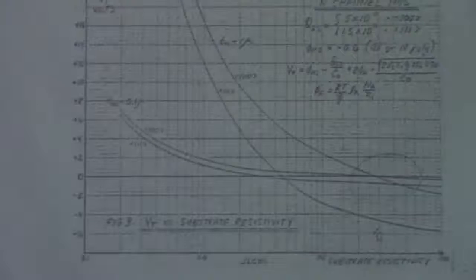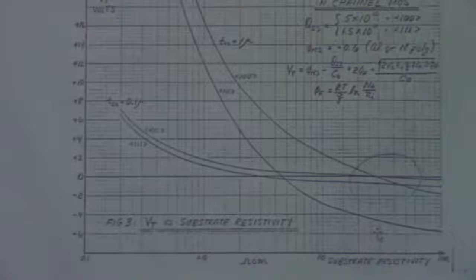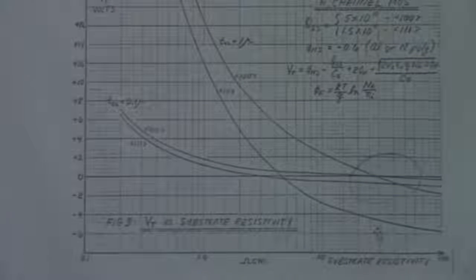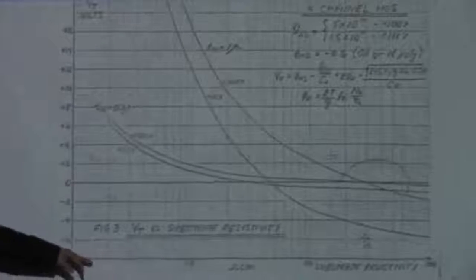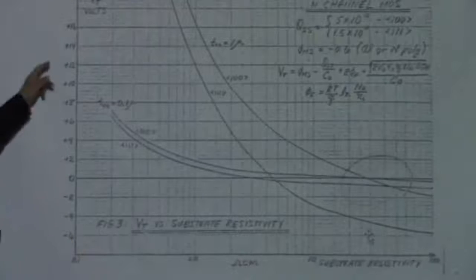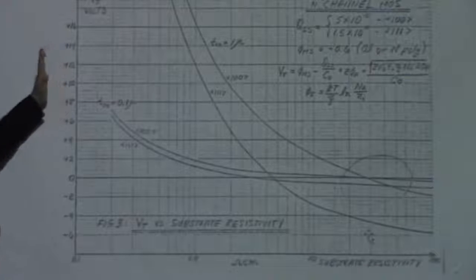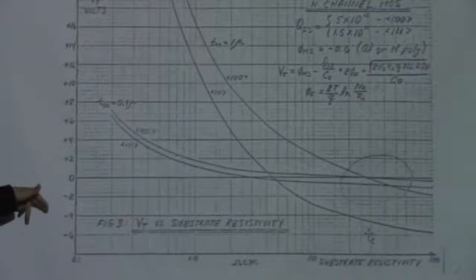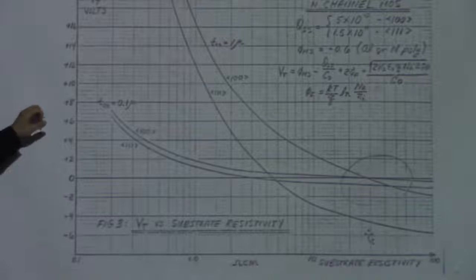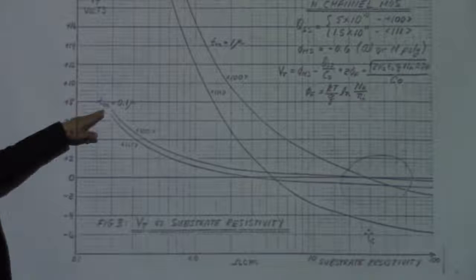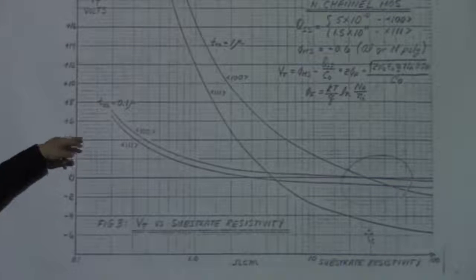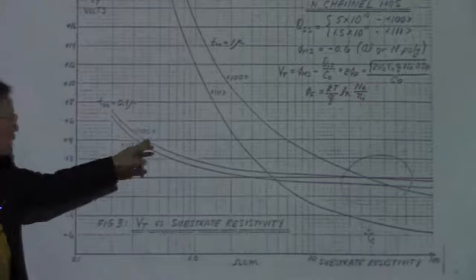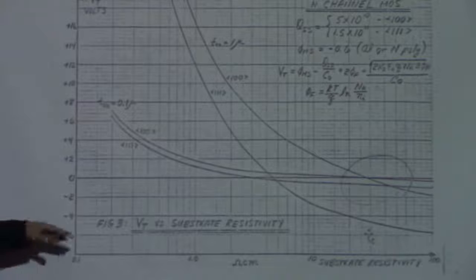This is the figure which shows the substrate resistivity on the x-axis, and then the y-axis is the threshold voltage. What you can see in this plot is that when the gate oxide thickness is 0.1 micron, this is the crystallographic direction of the substrate.